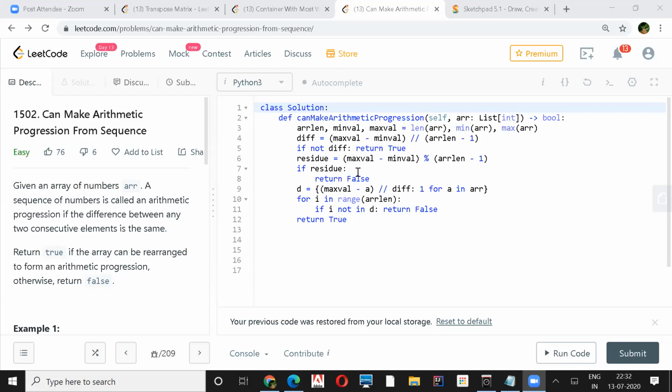So I'm saying exactly we are not using the pigeonhole principle here, but a concept similar to it. We are getting the maximum value and minimum value, and getting this difference interval. Using that, we are calculating the residue, max val minus min val mod of this.